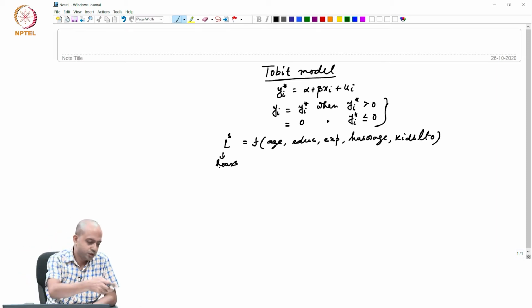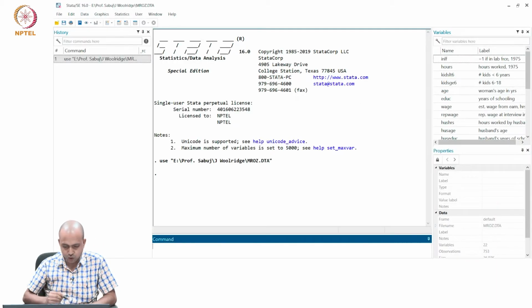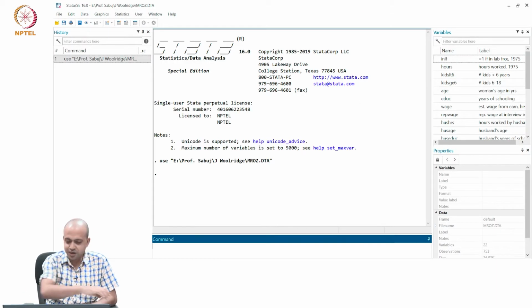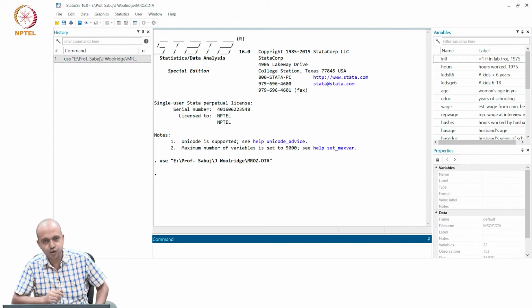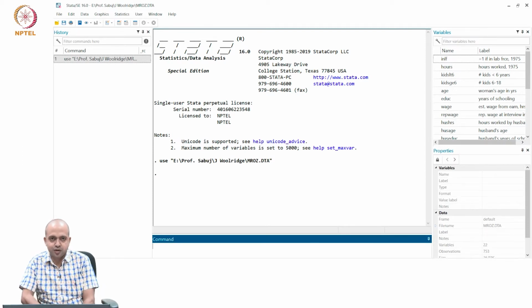and bottom. With this, let us now go to the same data set we were using earlier in the context of logit and probit, but there is a difference in our objective.